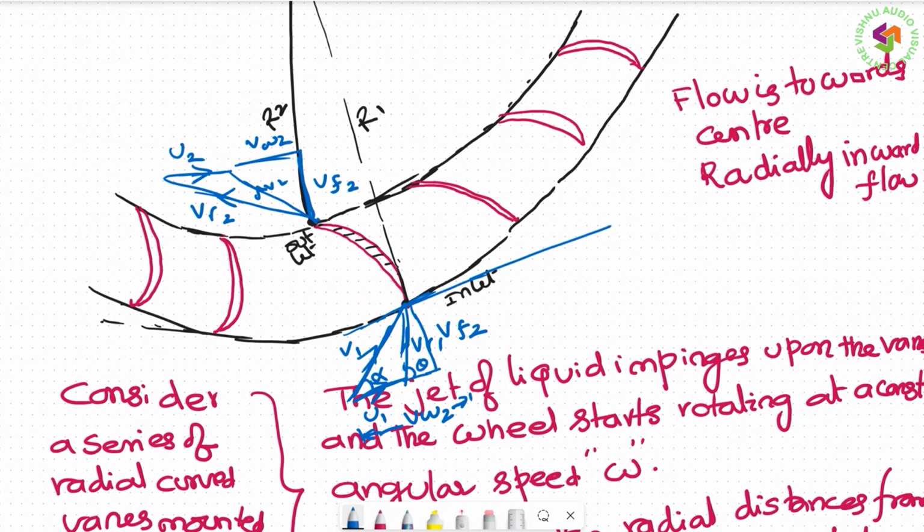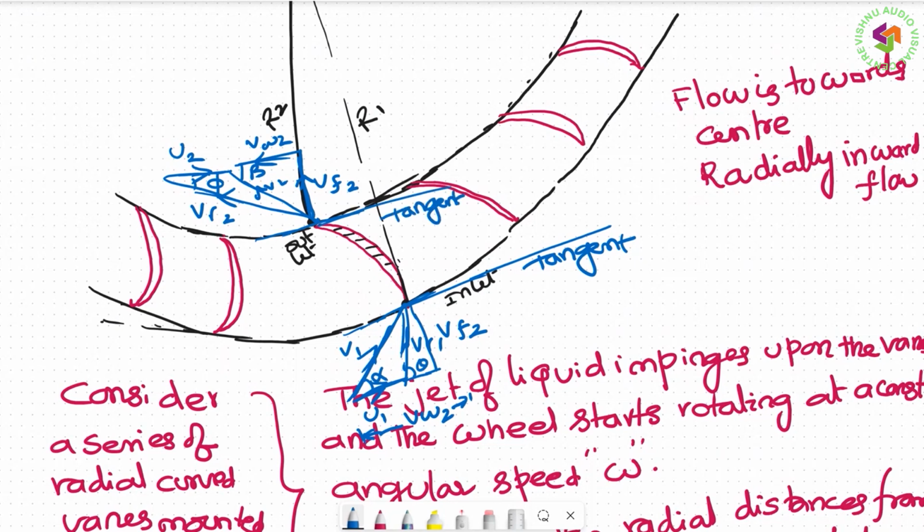In the case of radial vanes, it should be exactly perpendicular like this, right? And this direction is here. So this is phi, this is beta. The inlet and outlet velocity triangles are as it is, whatever we have learned. The only thing is this is the tangent here and this is the tangent here.